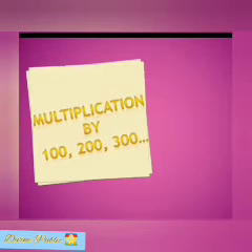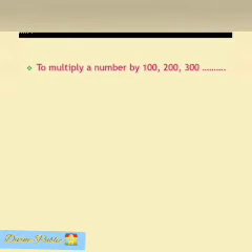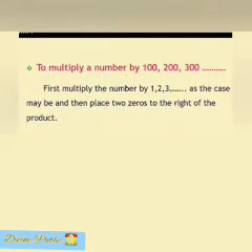Now, multiplication by 100, 200, 300 and so on. To multiply a number by 100, 200, 300 and so on, we have to first multiply the number by 1, 2, 3 and so on as the case may be, and then place two zeros to the right of the product.